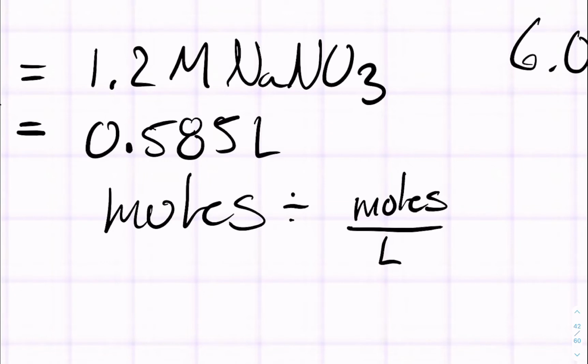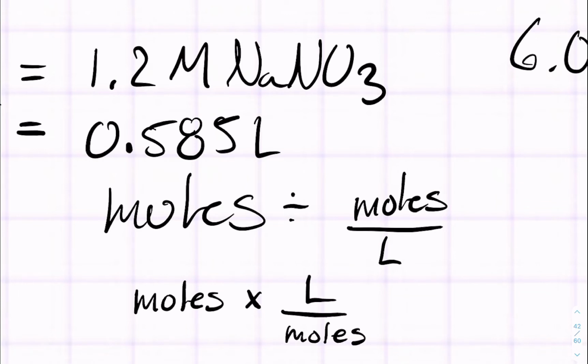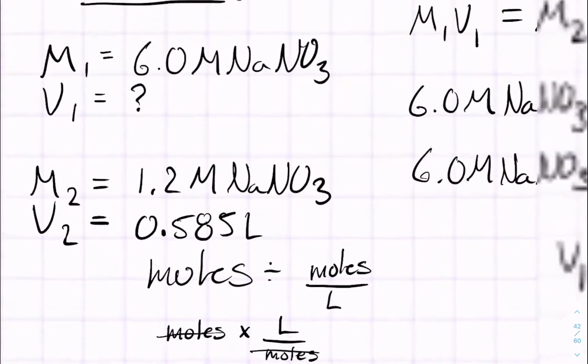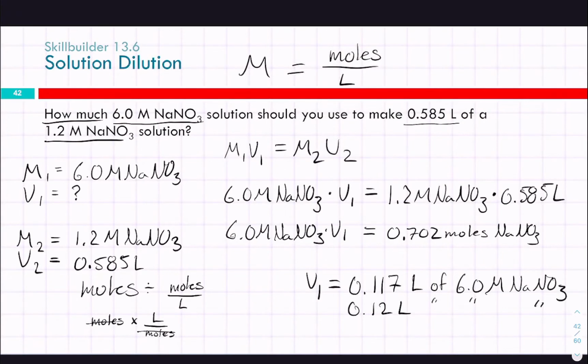So if you have something divided by something else, we can take that something else, the moles over liters here, and we can flip it, and then instead of dividing, we're multiplying. So this moles times liters over moles. So when we divide moles by molarity, the moles cancel out, and we're left with liters. Any other questions?